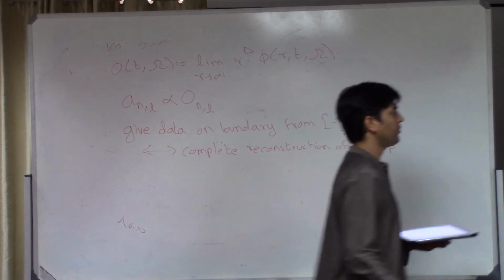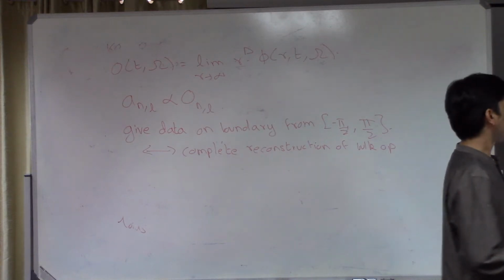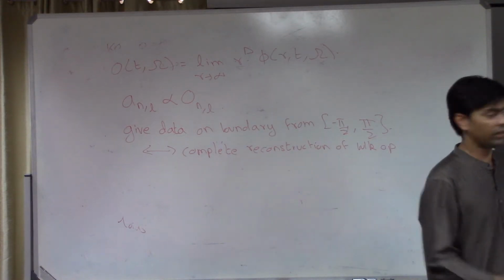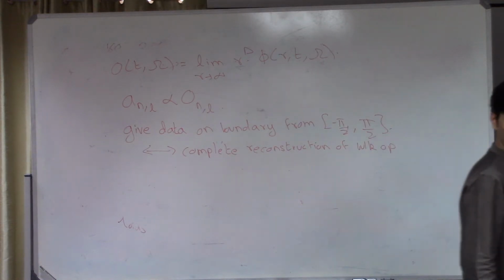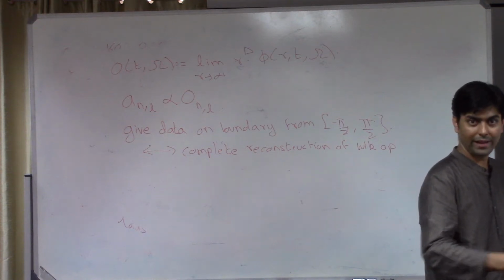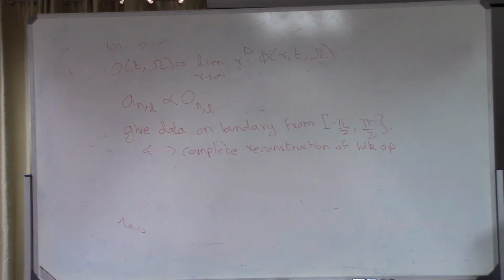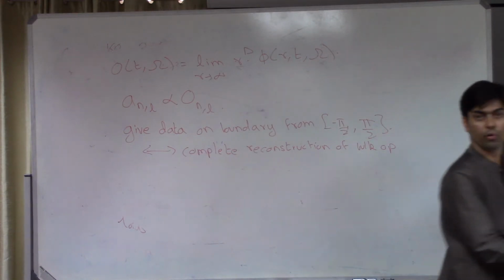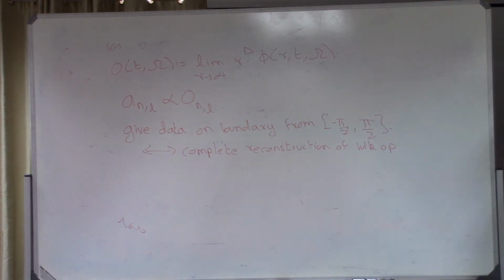In fact, it's not hard to see just by this partial differential equation argument, and also by just explicitly solving the wave equation, that if you give me data from minus t by 2 to t by 2, then I can look a certain depth into AdS, and that's not the full depth of AdS. In fact, if you give me data from minus t by 2 to t by 2 for O of t, then I can use that to look this deep into AdS, but not any deeper.